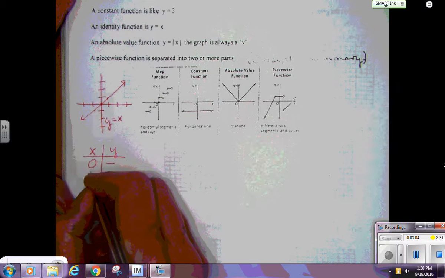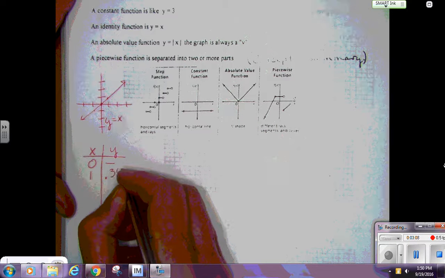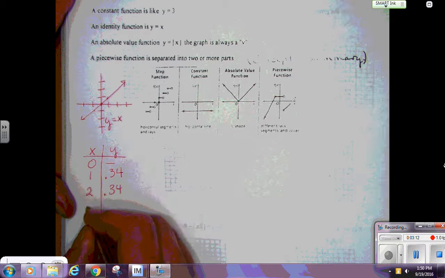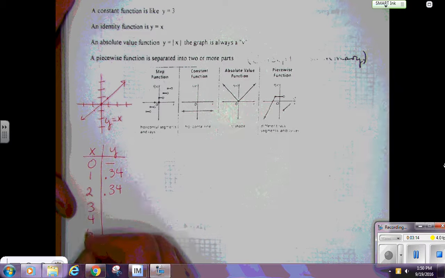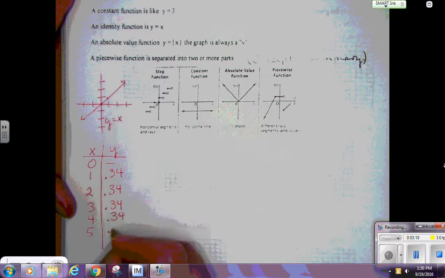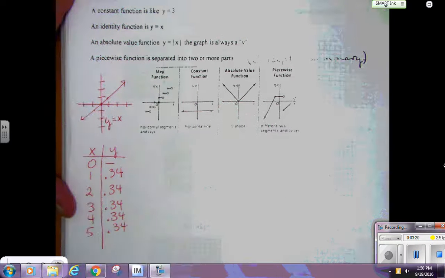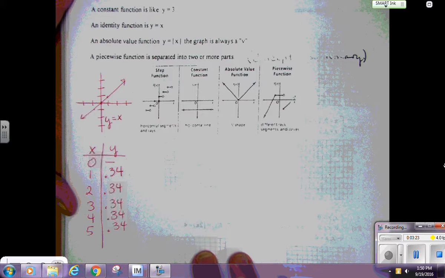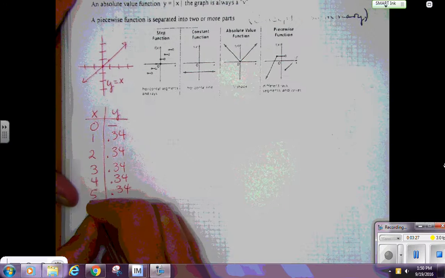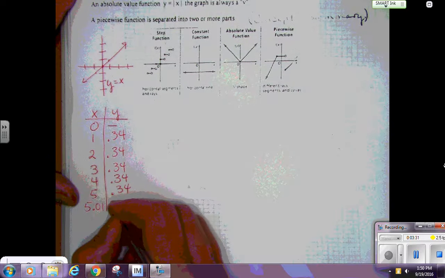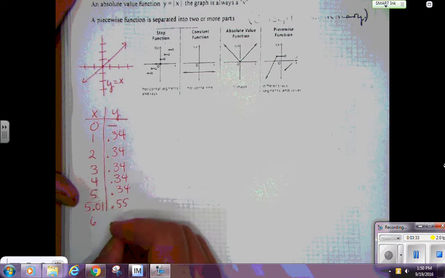So 1 ounce is 34 cents, 2 ounces is 34 cents, and 3, 4, and 5 are all 34 cents. The amount does not change until you get to right over 5 ounces. So anything over like 5.01 ounces is going to be 55 cents. So 5.01 is 55 cents, and then it goes on up with the whole numbers.